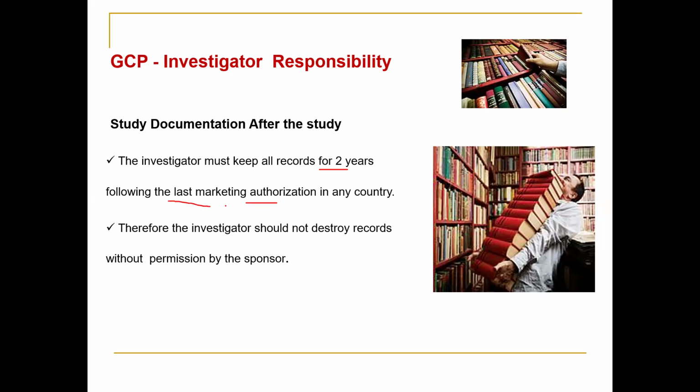Suppose you are in phase 1 and you know that you can sell your product after phase 3 only. So once you start selling your product, after that the 2 years will be counted. That is as per ICH-GCP. In India, I think this is 5 years. As per DCGI, you have to keep a record for 5 years.